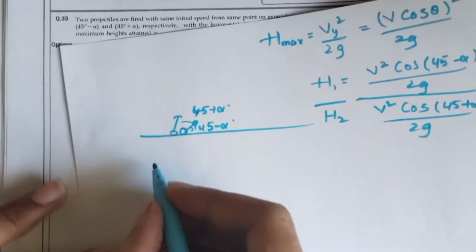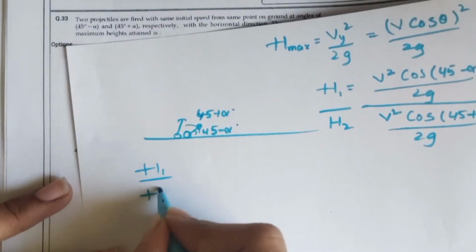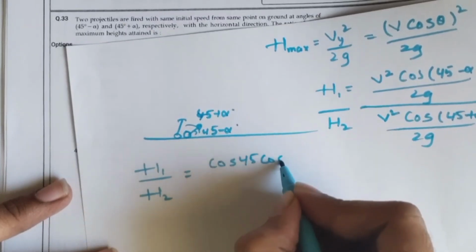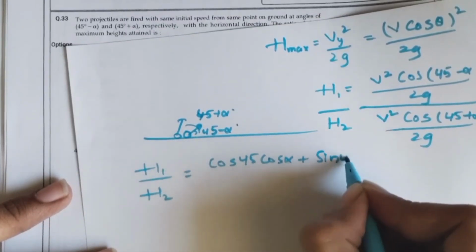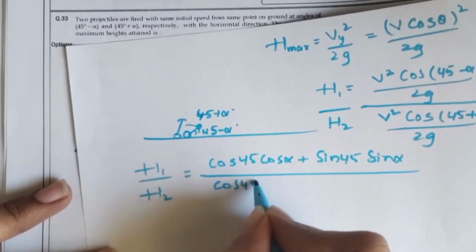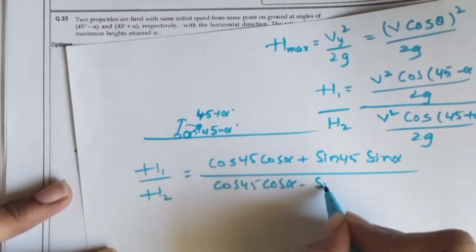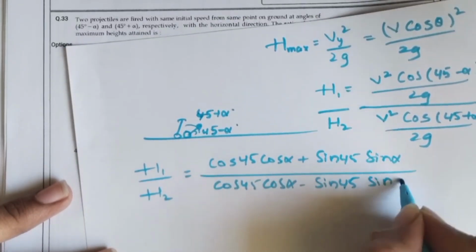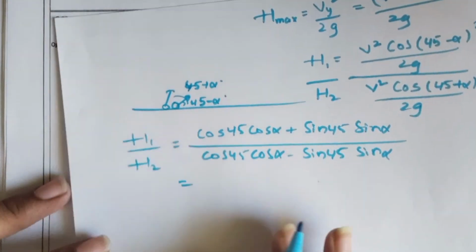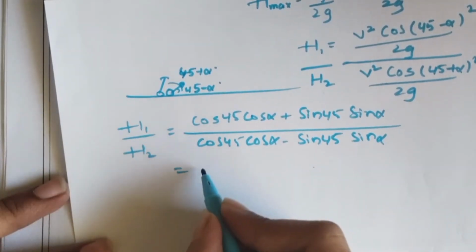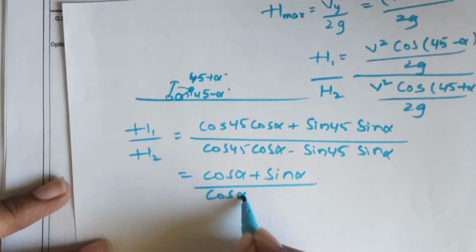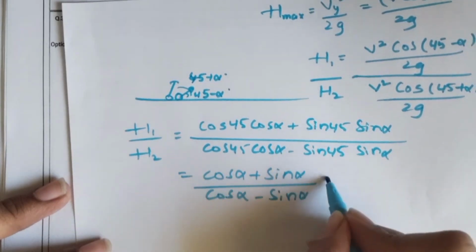So when we do calculation, we will be having h1 upon h2 equal to cos 45 cos alpha plus sin 45 sin alpha upon cos 45 cos alpha minus sin 45 sin alpha. We knew that cos 45 equal to sin 45, so they will be cancelled out and we will be having cos alpha plus sin alpha upon cos alpha minus sin alpha.